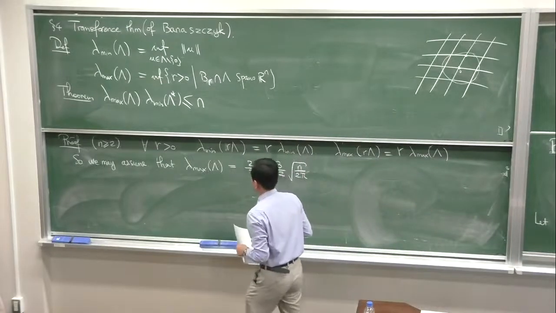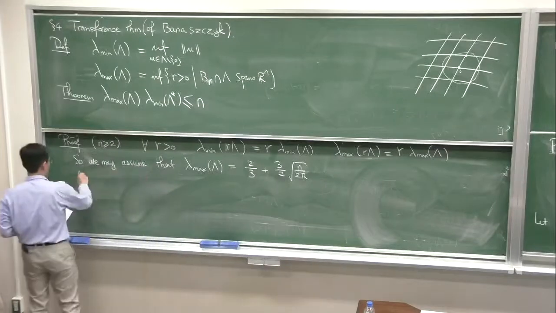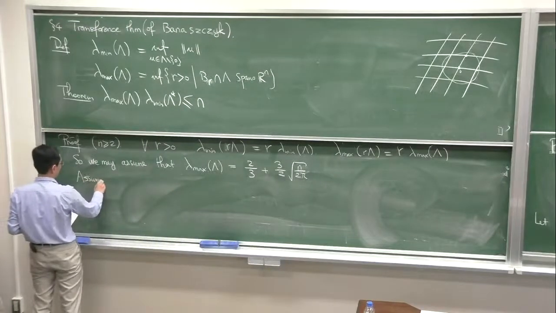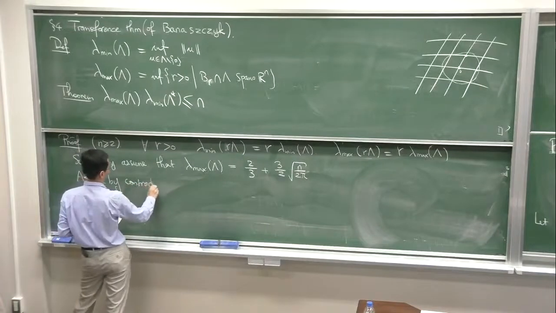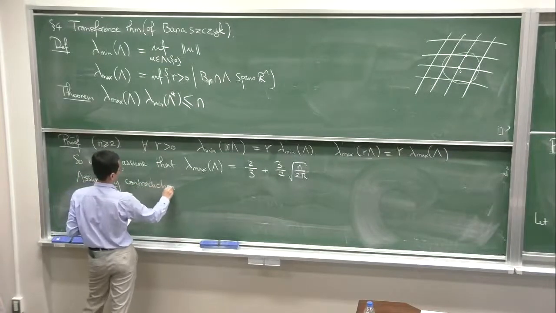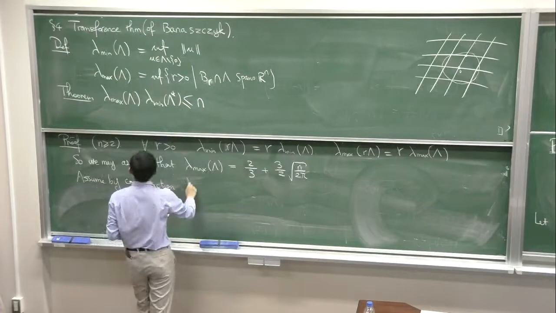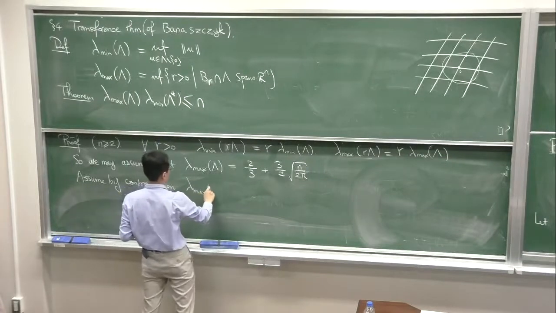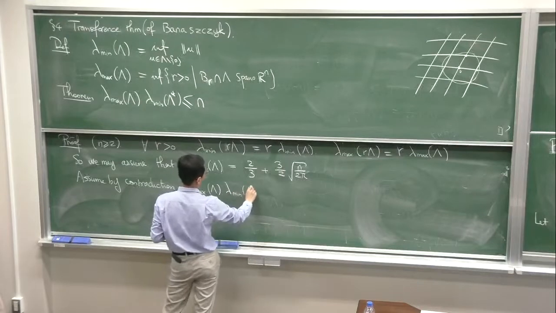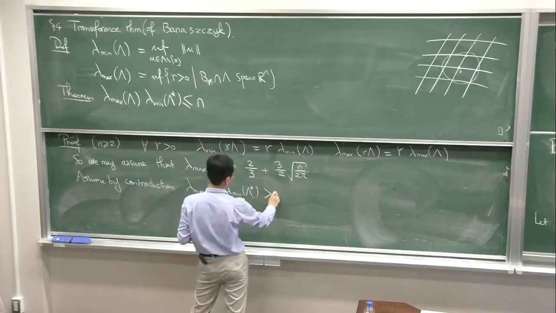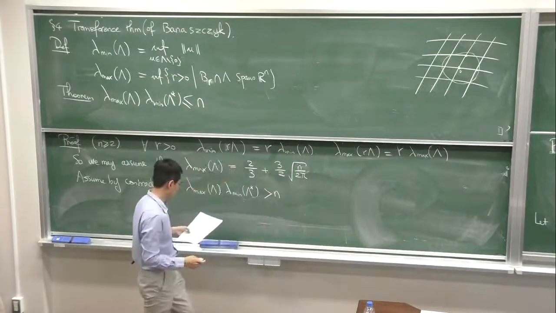So assume by contradiction that this does not hold, that lambda max of lambda times lambda min of lambda star is bigger than n.